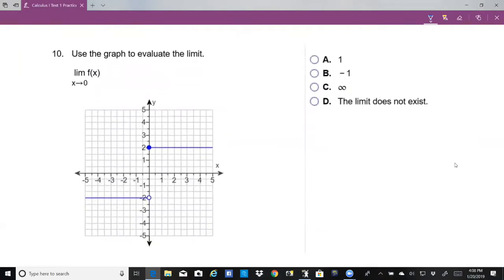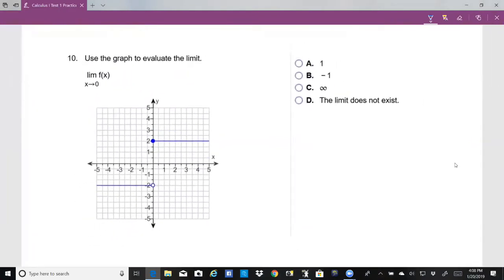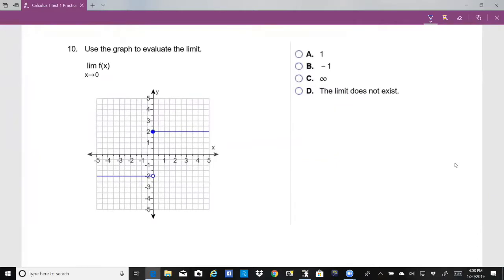Now we want to use this graph to evaluate the limit of f of x as x approaches 0. Always take a very close look at the graph to see what it says. First of all, it says that at x equals 0, the function is defined as 2.